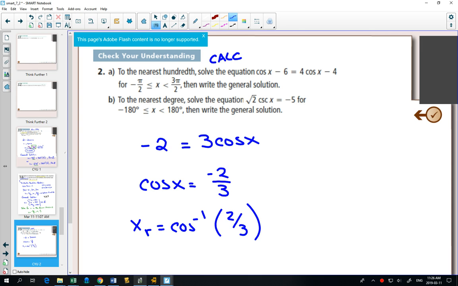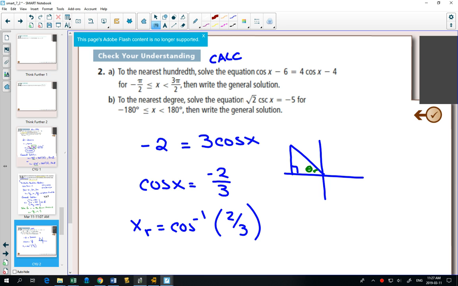A little review. Why do we always use positive values when finding a reference angle? Well, if cos is negative, you know that it's either going to be in quadrant 2 or quadrant 3. And if you draw a picture of an angle in quadrant 2 and go back to your nearest x-axis, your reference angle is right there. What do we know about this triangle?